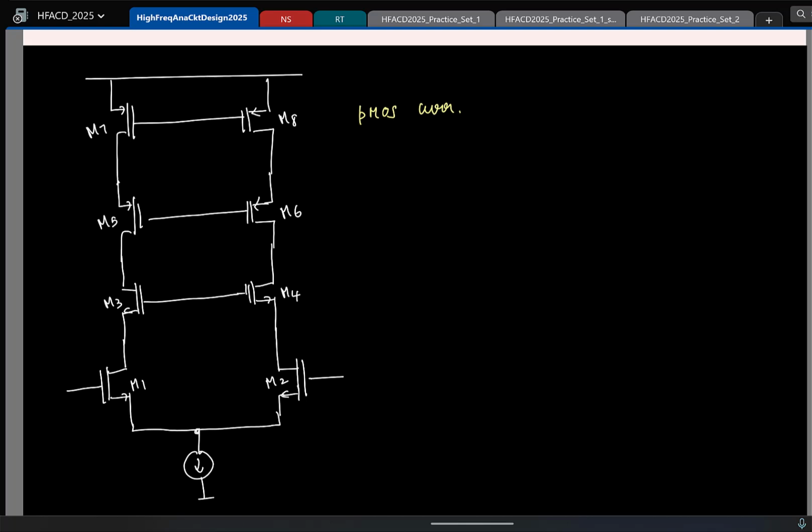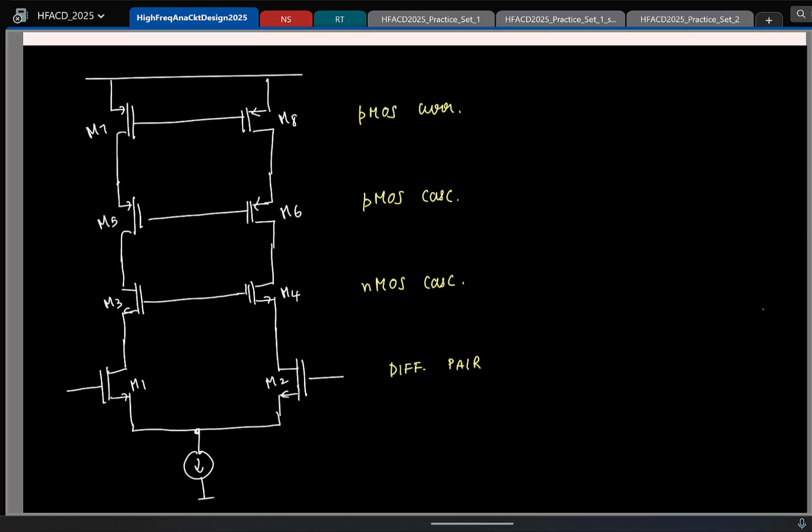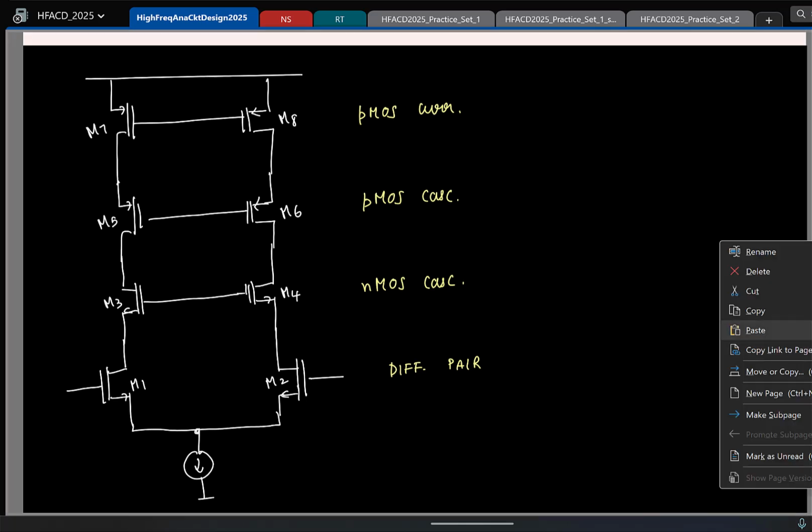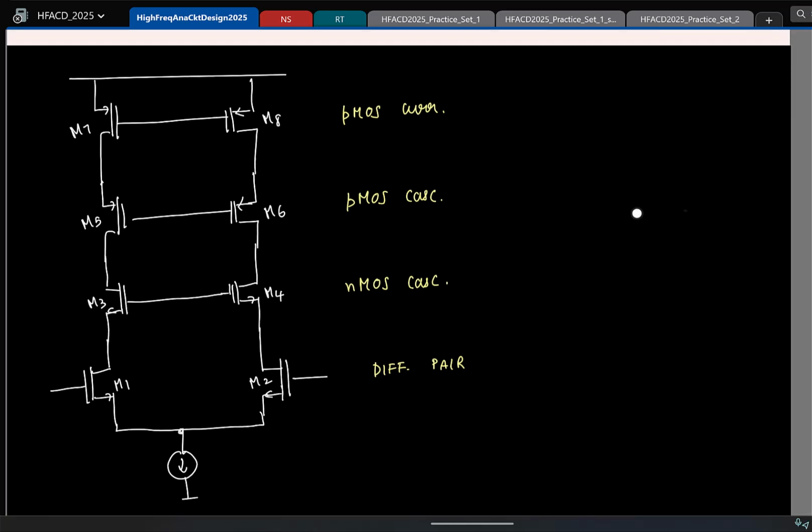The next stack is the PMOS cascode, that is to boost the output resistance looking up. Now the next lower stack is the NMOS cascode, that is added to boost the output resistance looking down, and this is your final transconductor. So again, all these have to be biased, so let's not worry about it for now. This fine?